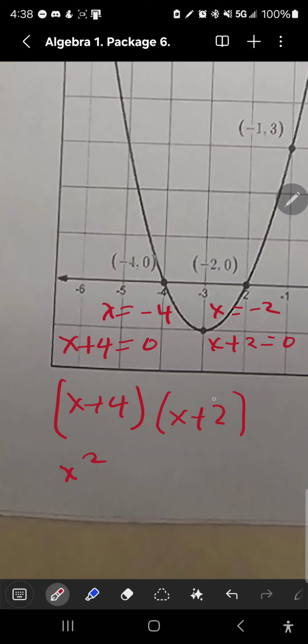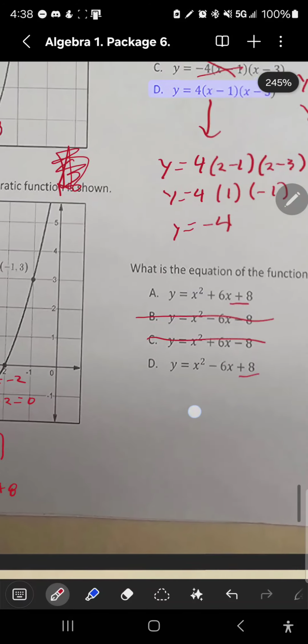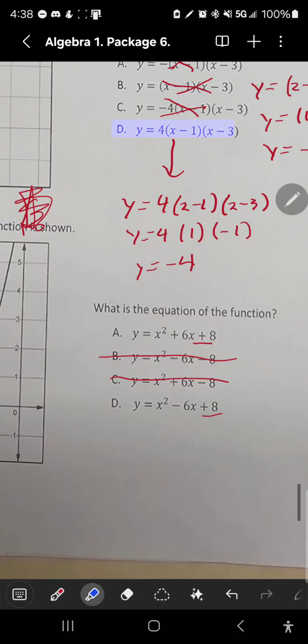Okay, sorry. x times 2, 2x. 4 times x, 4x. 4 times 2, 8. So it will be x squared, 2 plus 4 is 6, so 6x plus 8. Which is option A.